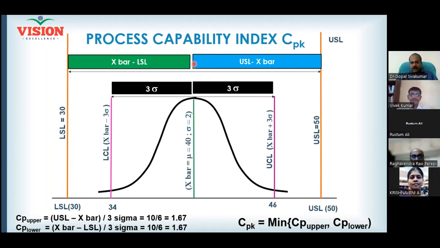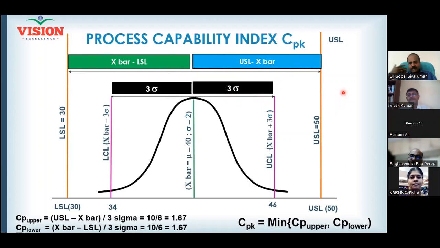CPK will compare half of the specification to half of the tolerance, half of the customer tolerance to half of the process tolerance. Half of the process tolerance means 3 sigma. Half of the customer tolerance means the distance between USL and center. Similarly, the distance between LSL and center. So blue bar by 3 sigma, green bar by 3 sigma are called the CP upper and CP lower.